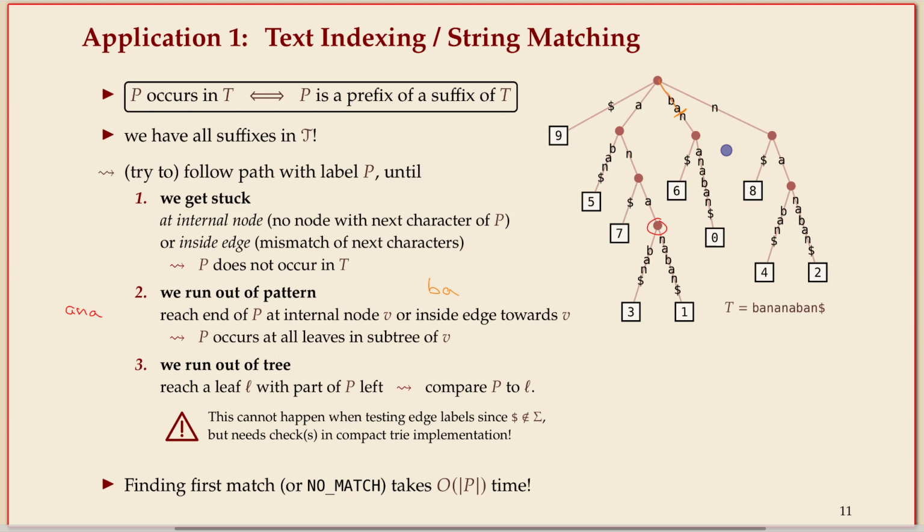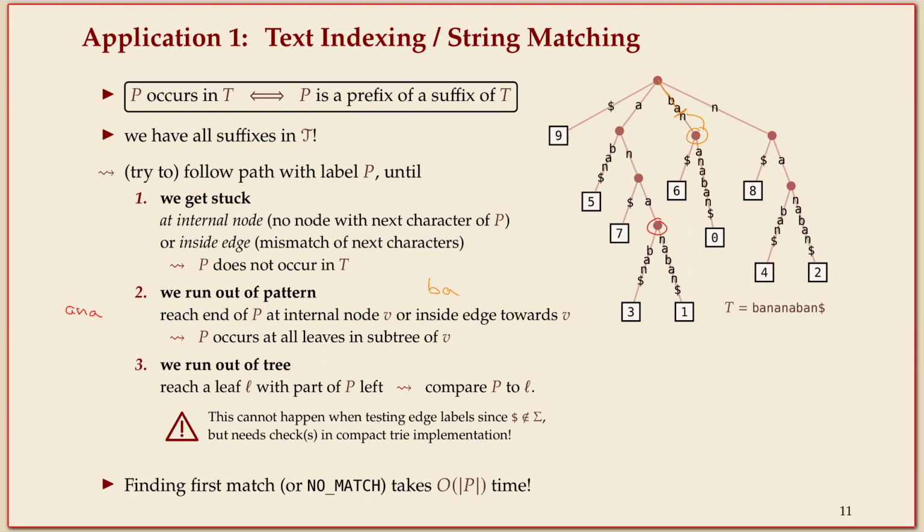I mean, figuratively speaking, remember it's actually a compact trie, so you wouldn't really get stuck in the middle of an edge, but you could match a prefix of the edge label and then you run out of pattern. Turns out this is actually the same as if you were just going to the next node below. If you just complete reading the edge and ignore that, you also get that all the occurrences are in the subtree.